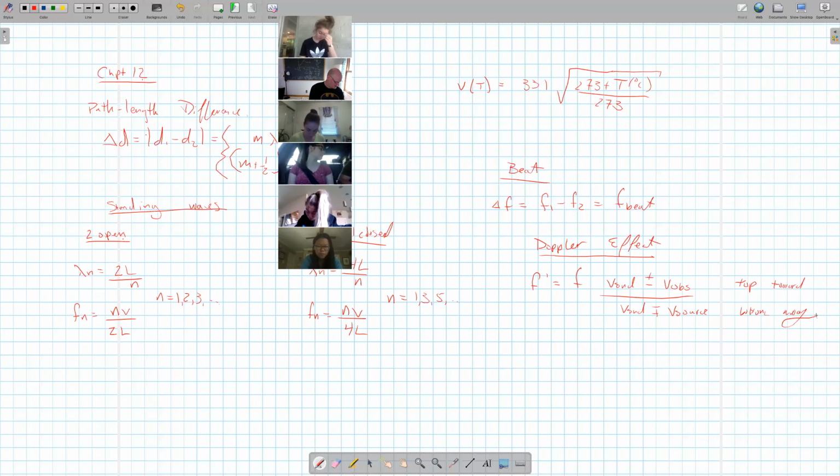Just make sure I didn't miss anything. Oh, intensity, that's what we missed. So intensity I is equal to the power divided by 4 times pi r squared. So this is for an isotropic source.